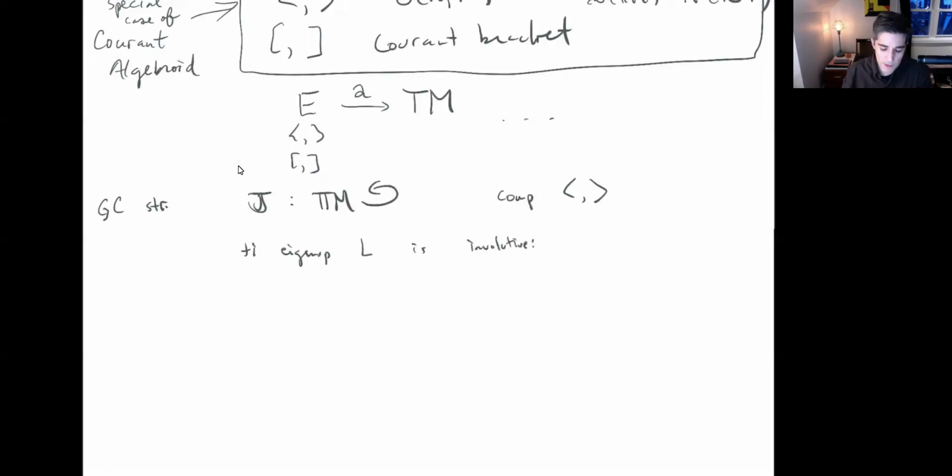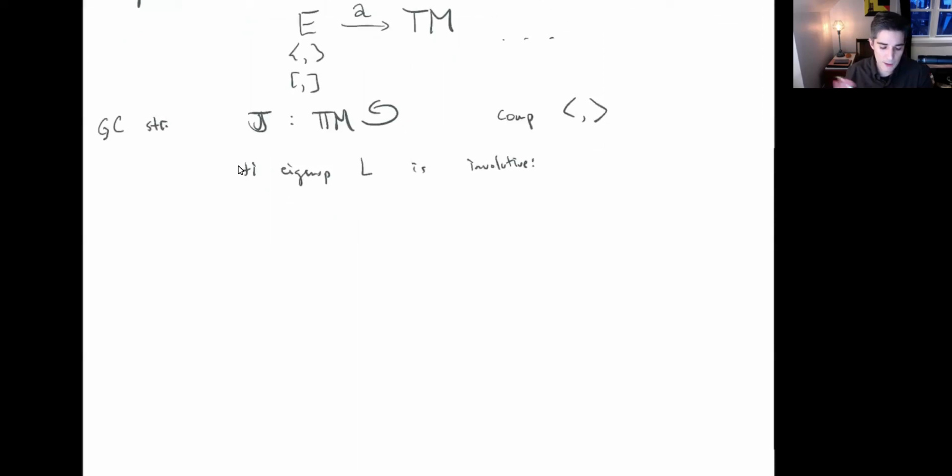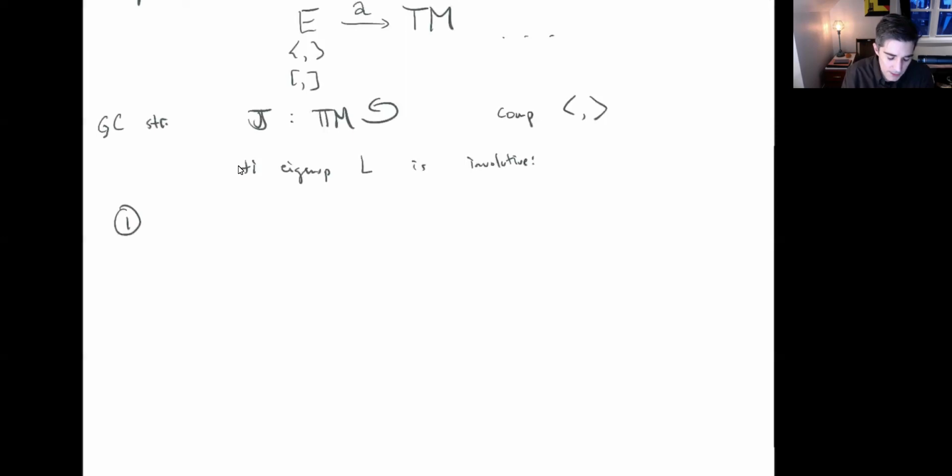Okay, and I just want to mention what you get right off the bat without any further analysis. The first thing that you get is that we now have TM with this inner product and with J. So this now becomes a complex vector bundle. And the complex structure is compatible with the metric.